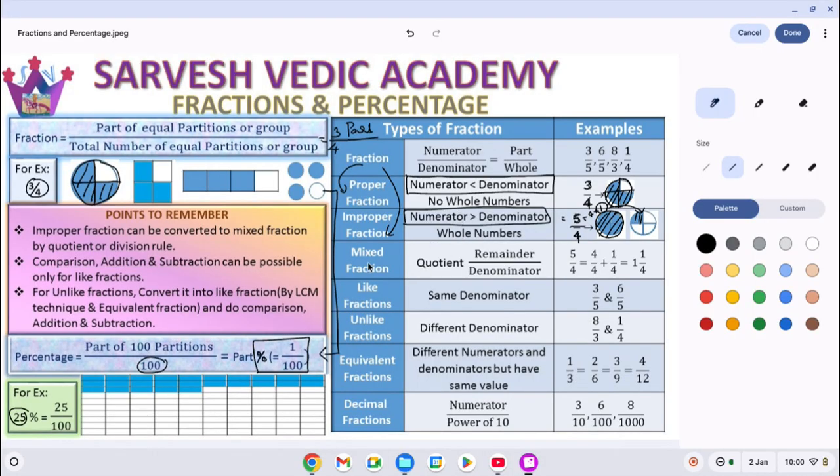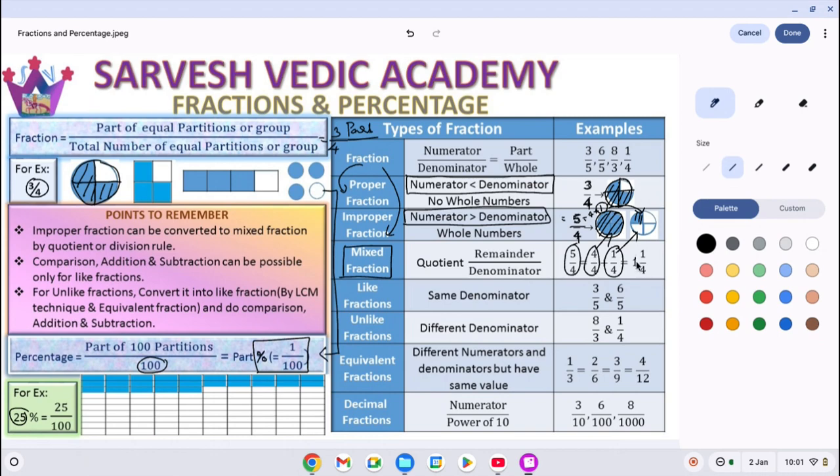Next comes the mixed fraction. Mixed fraction is another representation of an improper fraction. If you want to write the wholes separately, see here 5 by 4, which can be split into 4 by 4 plus 1 by 4. Out of 4 equal parts, 4 equal parts are shaded. In another figure, out of 4 equal parts, one part, 1 by 4, is shaded. This 4 by 4 can be replaced as 1.